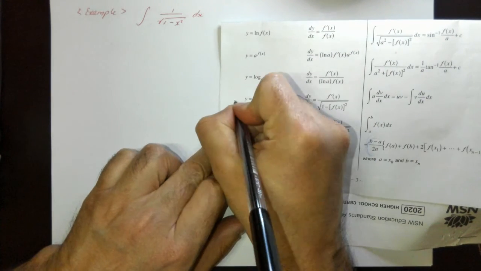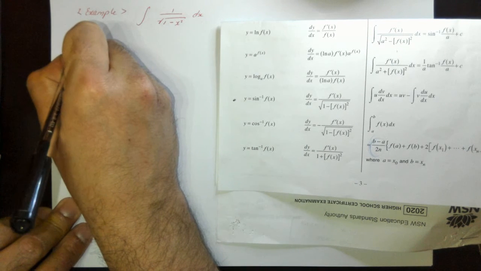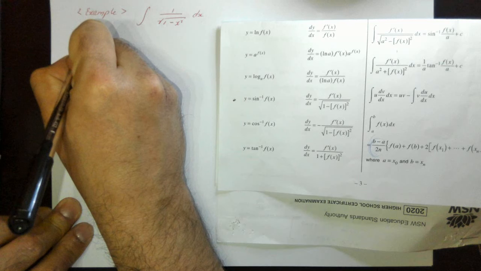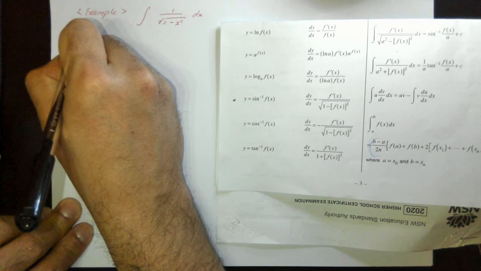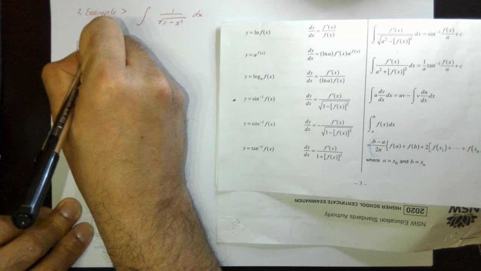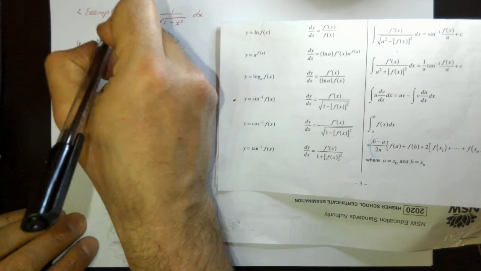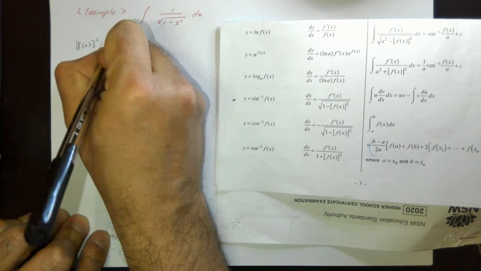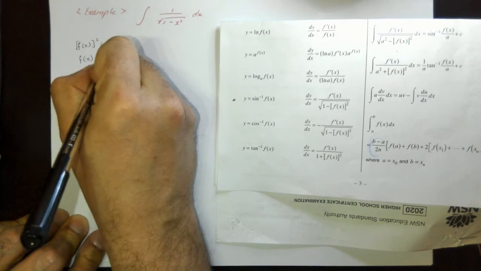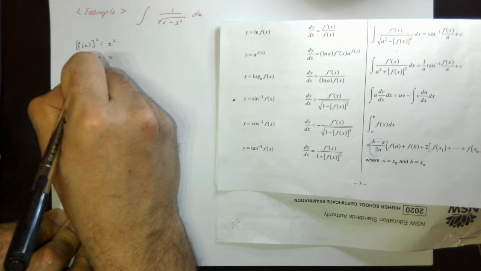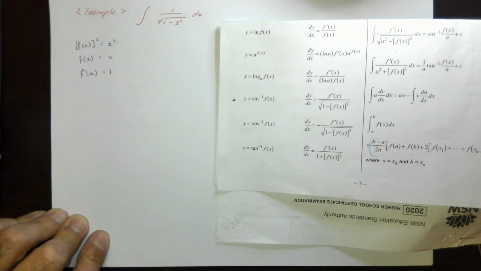I'm looking at that one. So if we have f of x squared is equal to x squared, that means f of x is equal to x, and the derivative of x is equal to 1.